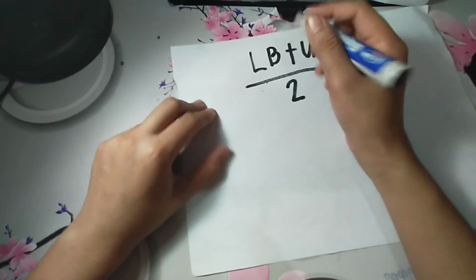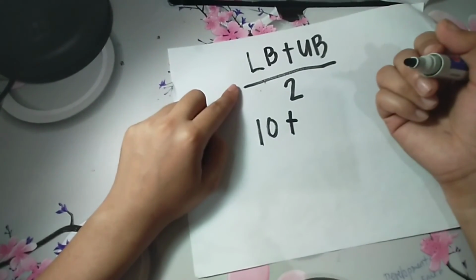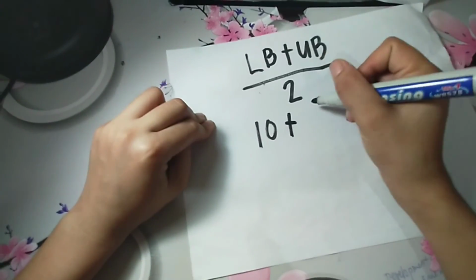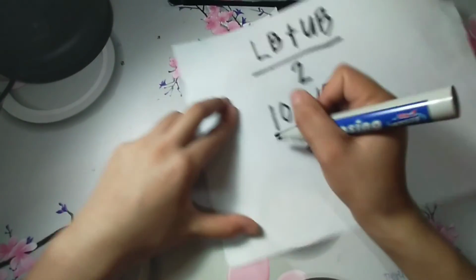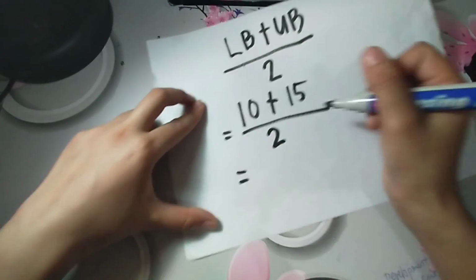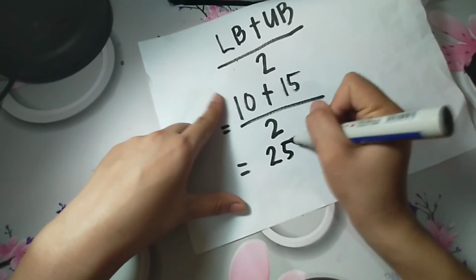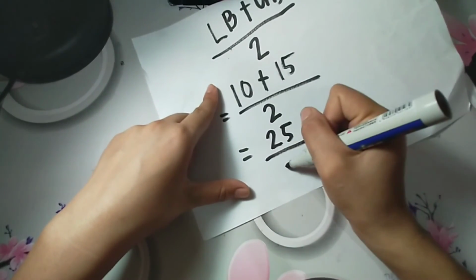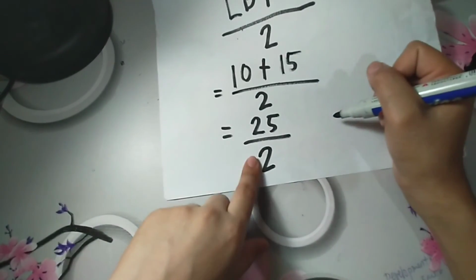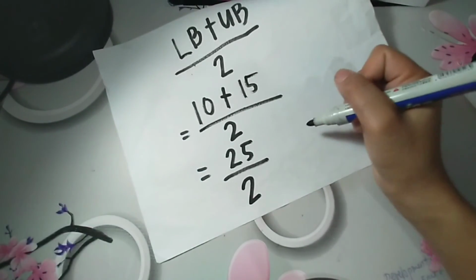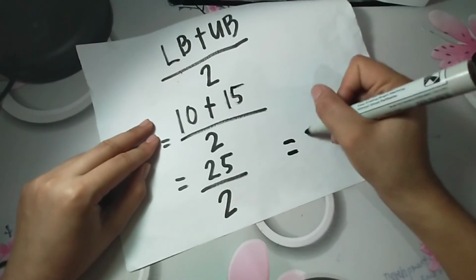Okay, that's it. So earlier we had an LB of 10 plus our upper boundary of 15, all over 2. Next, we have 25 over 2. 25 divided by 2 is equal to 12.5.